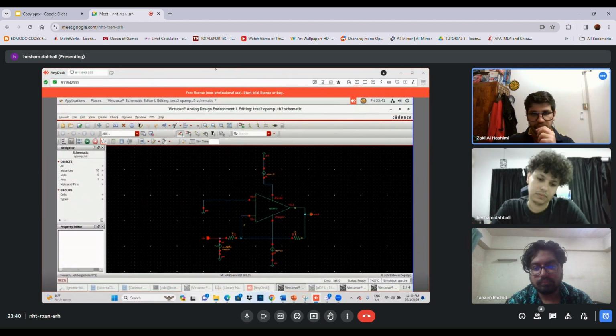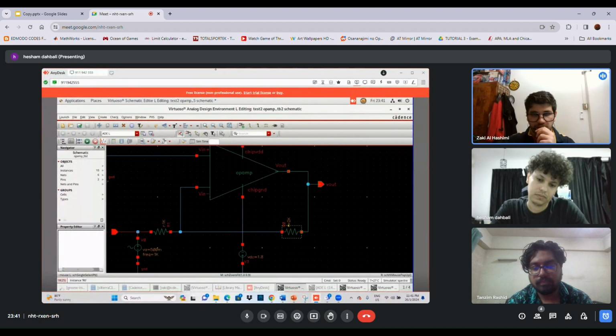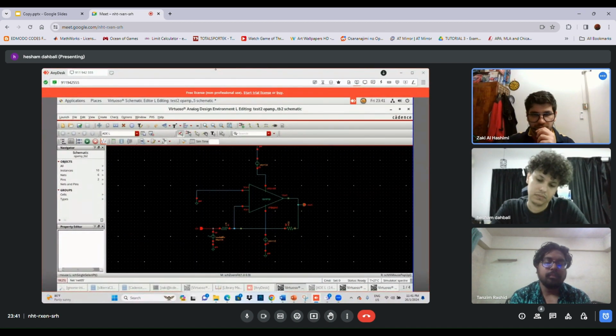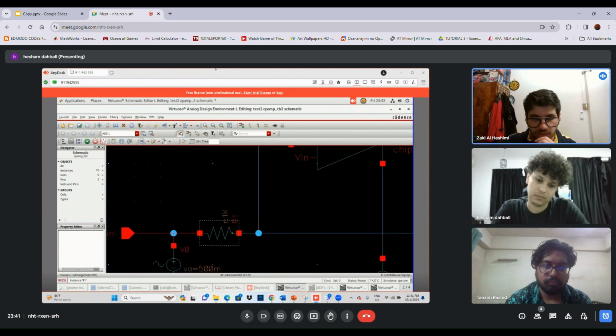So in this configuration, we would have two resistors. The one creates a feedback loop where its value should be 2 kilo ohm, right here. And our other resistor would be 1 kilo ohm.